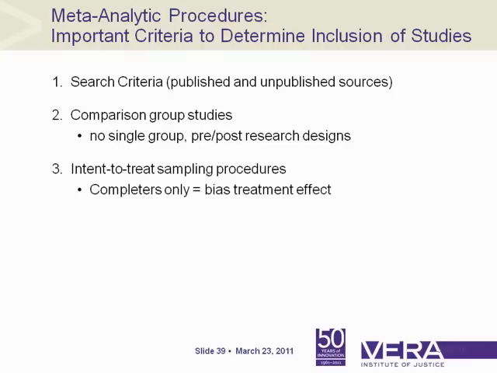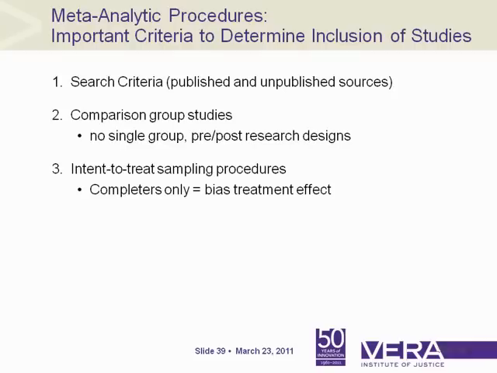Another important criterion, and this is really important, though it doesn't always happen in the literature out there, is intent to treat sampling procedures. This is in contrast to studies that only look at people who complete the program. You may have heard about selection bias, where people self-select, or are more motivated to participate in or even complete a program.